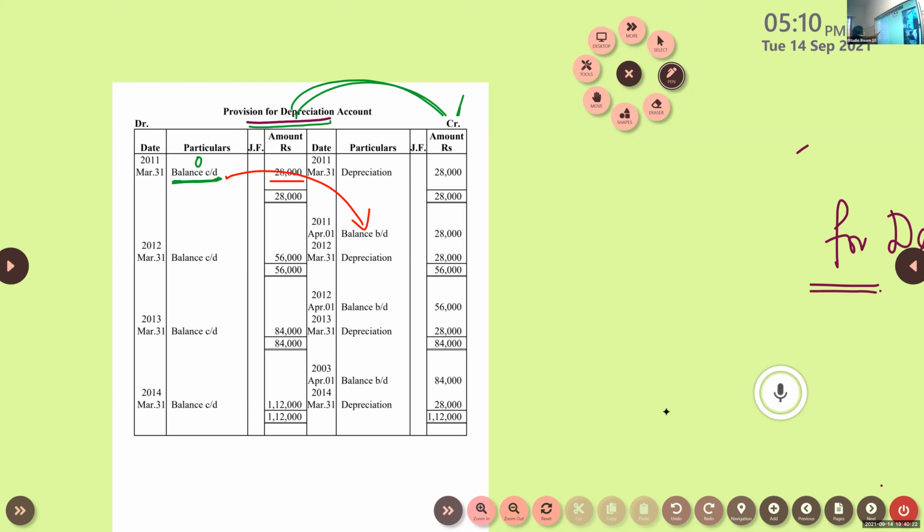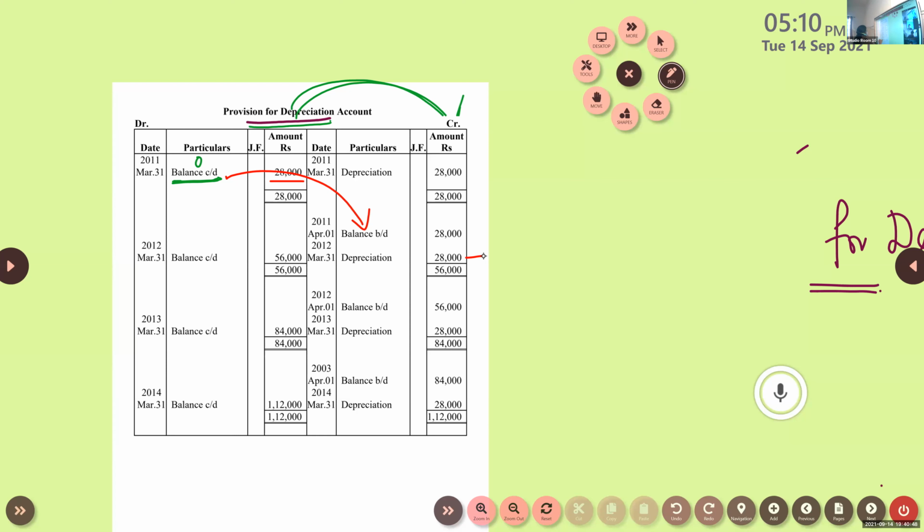Again next year another 28,000 has come. Every year we have to charge depreciation. Every year the asset value is decreasing. So in the second year also, the value of the asset decreases by 28,000.